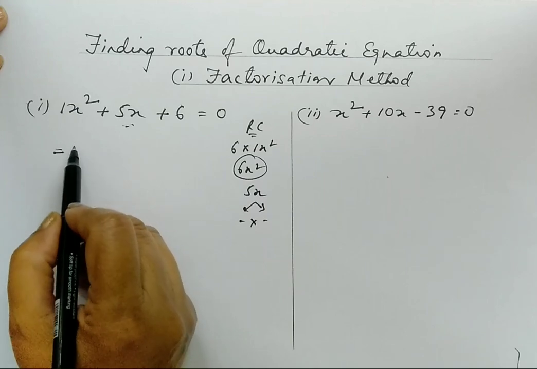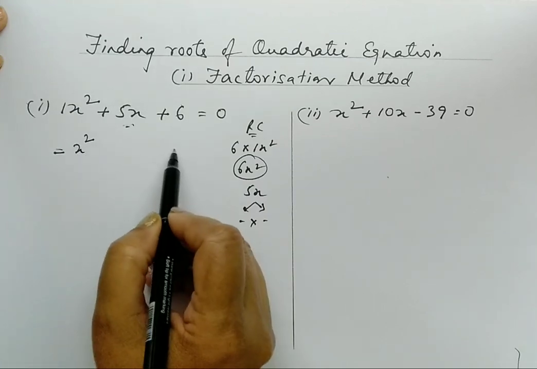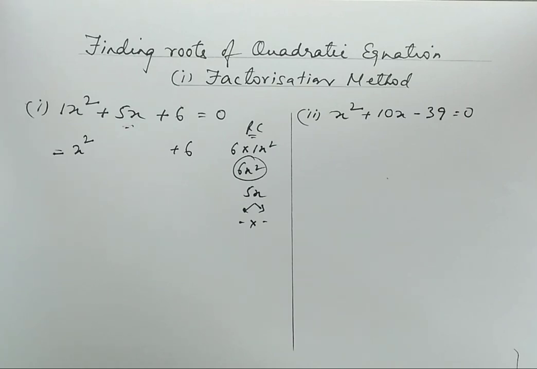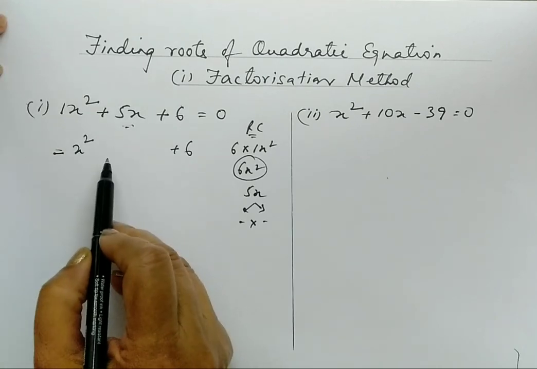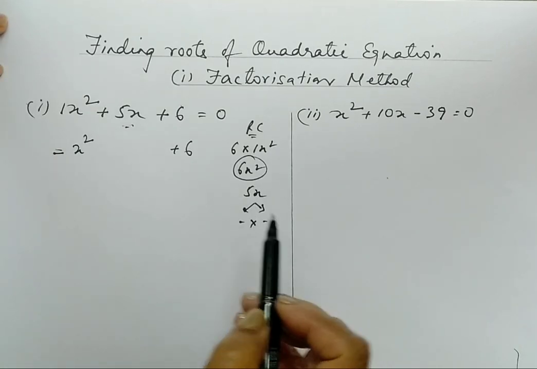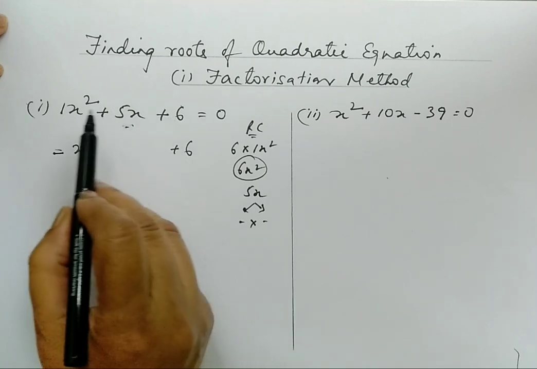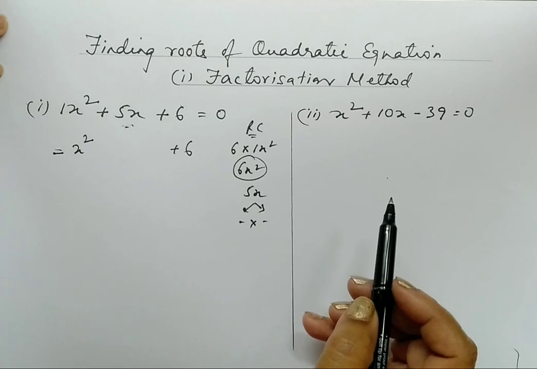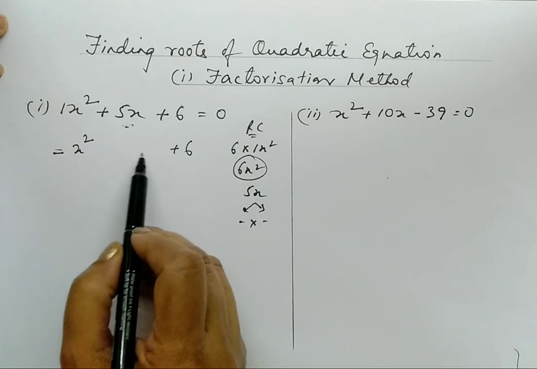So we'll copy the rest the way it is. For example, I would like to tell you that these two are to be copied the way they are. What do we do? We need to only enhance this in this manner. So when we multiply, we get 6 into 1 is 6x square. What are those two numbers in the middle?